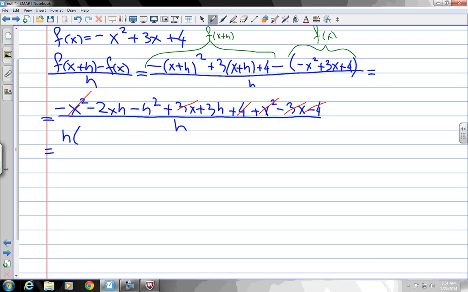I can factor out the h, and it will give me negative 2x minus h plus 3, over h. Right? Whatever's left in the numerator has at least one h in it, so we can cross out the h's. And the second you cross out that original h, we're done. So negative 2x minus h plus 3.